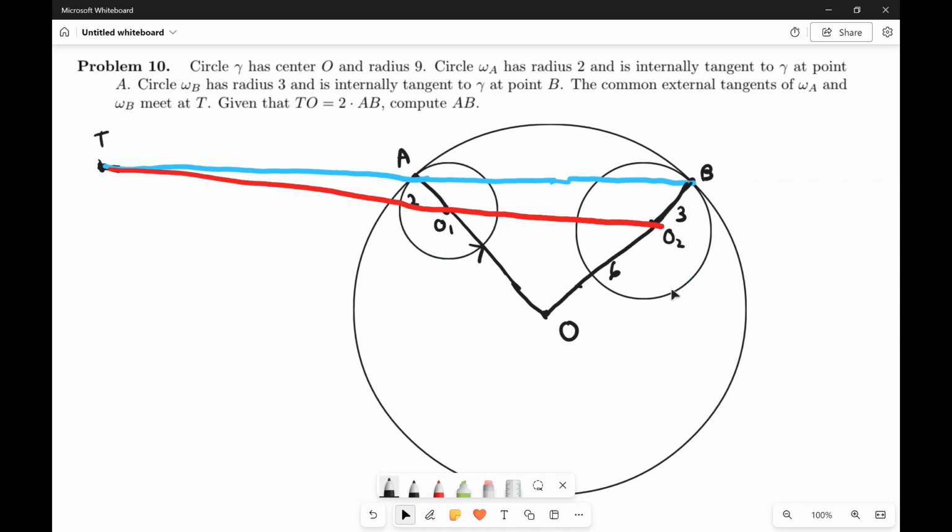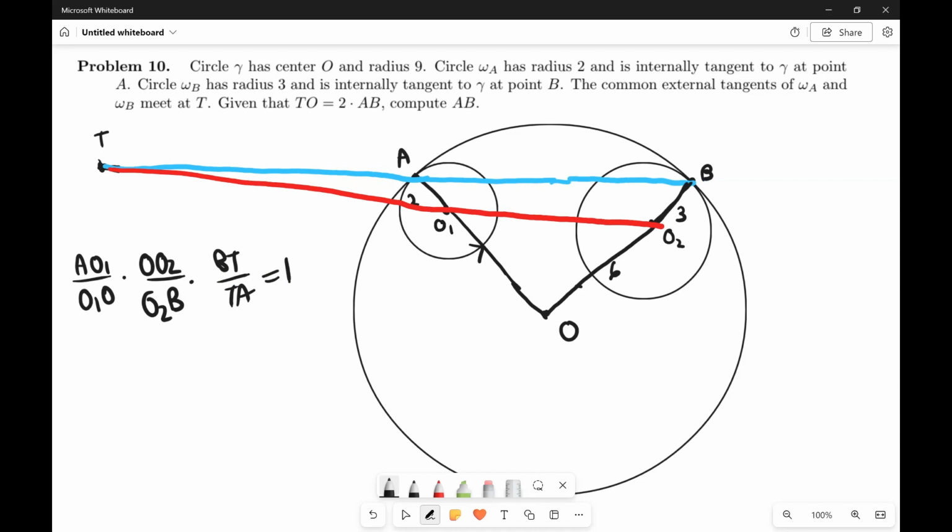So there's a natural way to relate AT over TB, and that is the theorem of Menelaus. So by Menelaus' theorem, we end up getting that AO1 over O1O2 times O2B over BT times... BT over TA is equal to 1.